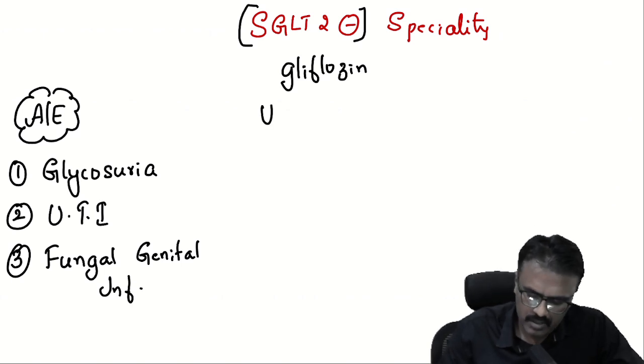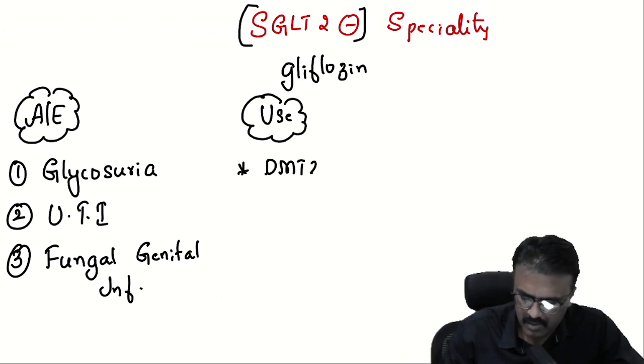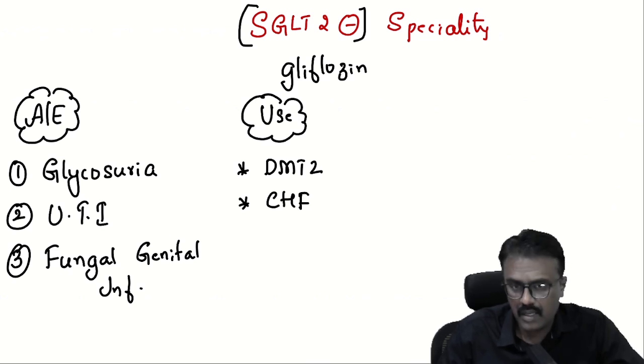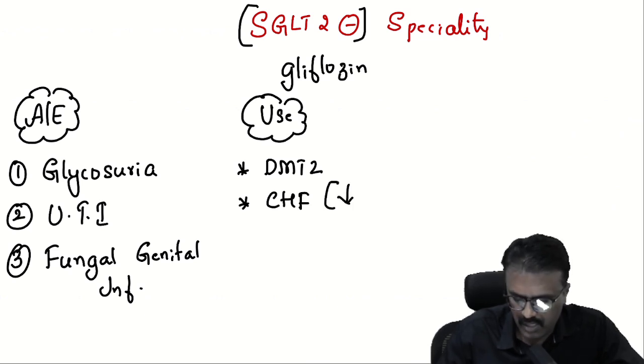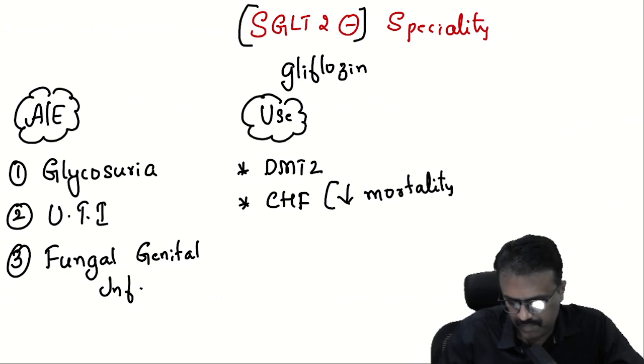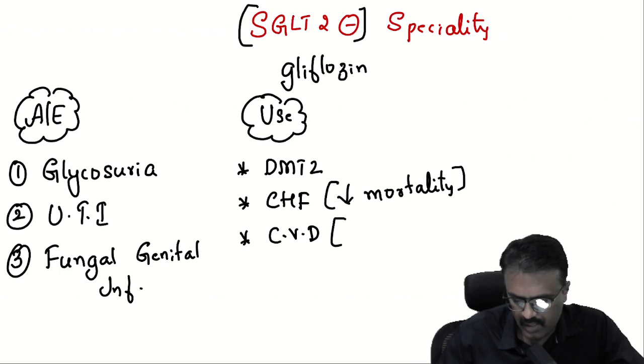Now where are gliflozins used nowadays? They are not only used for diabetes, they are now used in CHF. They decrease mortality. Mortality means death rate. They are also used in cardiovascular disease. They decrease the risk factors.